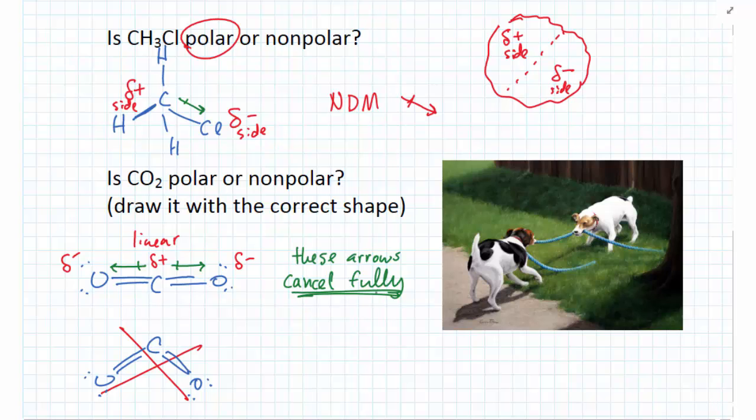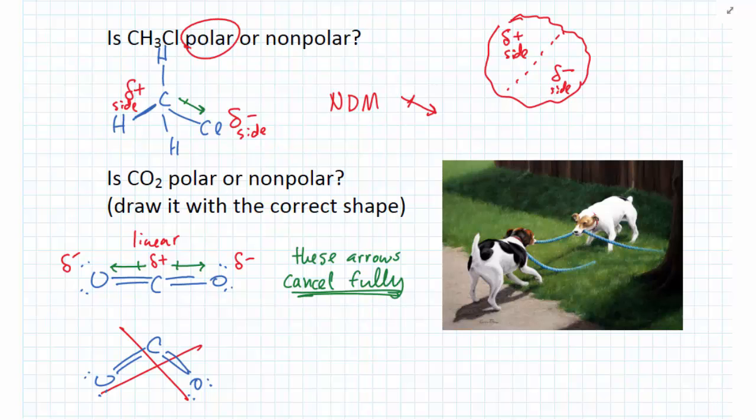That's important. Okay. And in order for a molecule to be polar, we have to be able to identify a plus side and a minus side. Okay? Can we identify a plus side and a minus side to this?